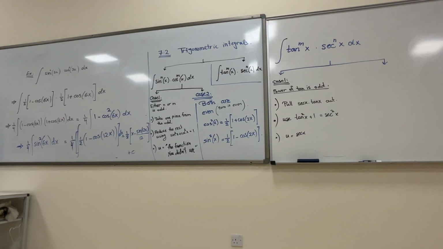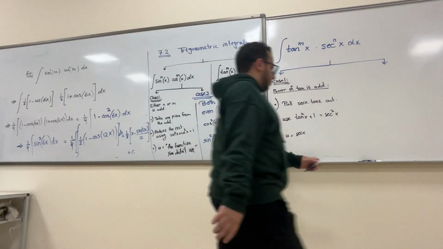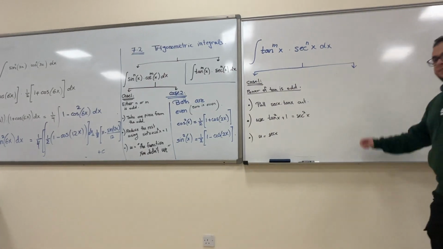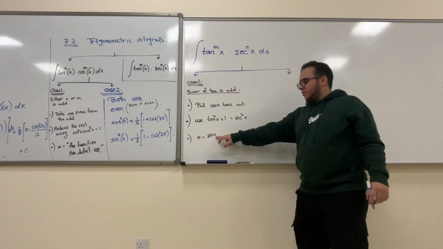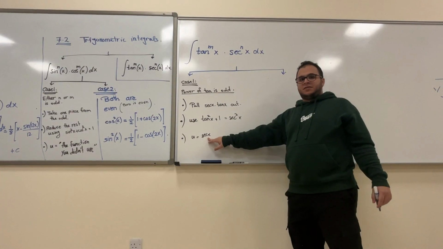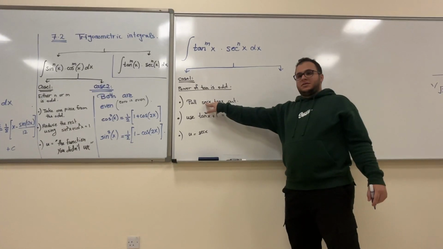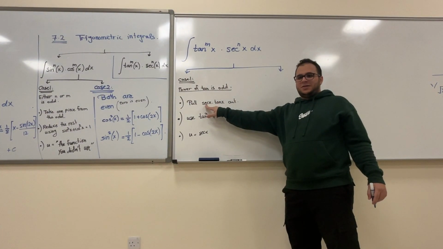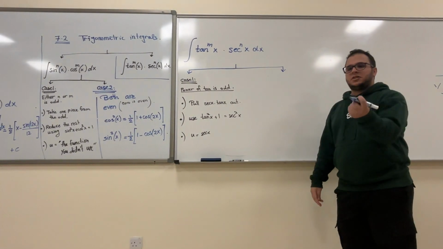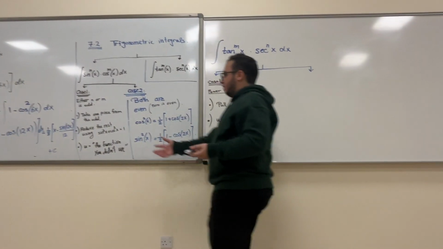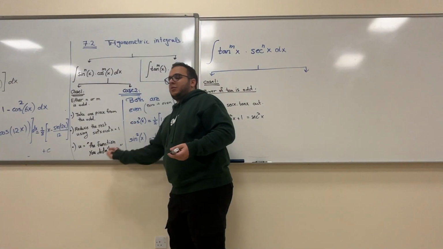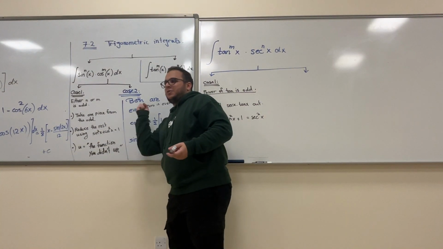But I'm talking about when I have both secant and tan available. Why do I make u equal secant? Because the derivative of u is secant tan. That's why I pull it out. We pull out the derivative, we pull out du. The one we didn't use is the u. So the du is the one we pulled.